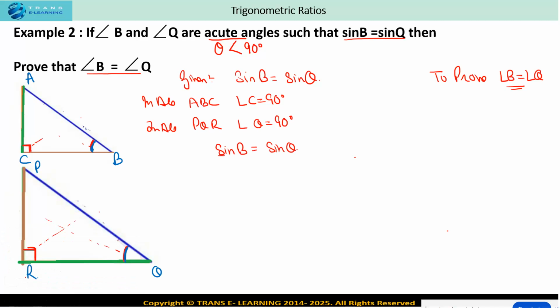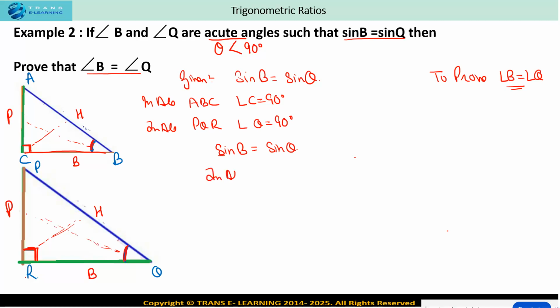The side opposite to 90 degree is the hypotenuse. The side which has the 90 and the angle is the base or adjacent, and the side opposite to this angle B is the perpendicular. Similarly, the side opposite to 90 degree is hypotenuse. The side which has 90 degree and this angle Q is the base or the adjacent, and the side opposite to angle Q is perpendicular or opposite.